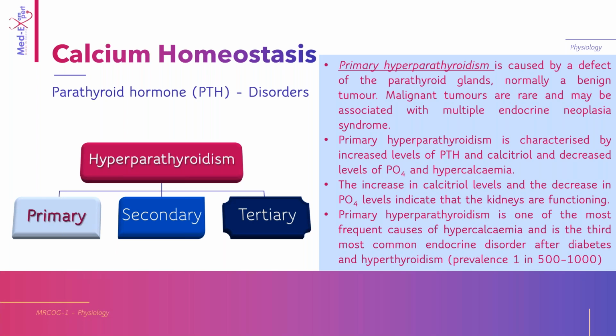This change in the parathyroid gland will lead to an increase in the synthesis and release of parathyroid hormone. The increase in the level of parathyroid hormone will also be associated with an increase in the level of calcitriol and a decrease in the level of phosphate. And of course, at the end, it will lead to hypercalcemia.